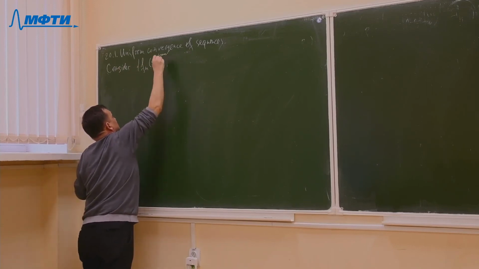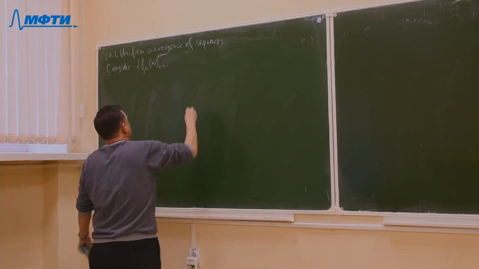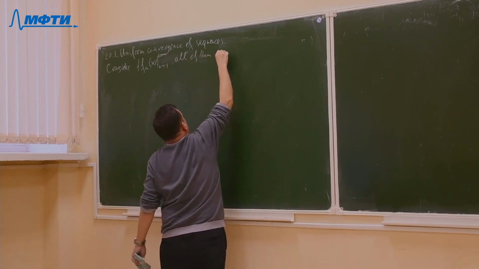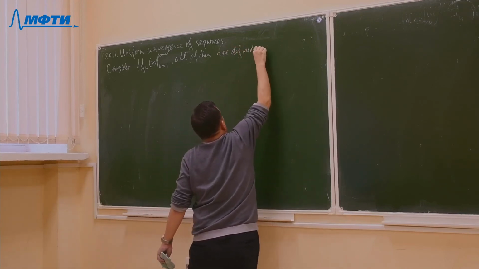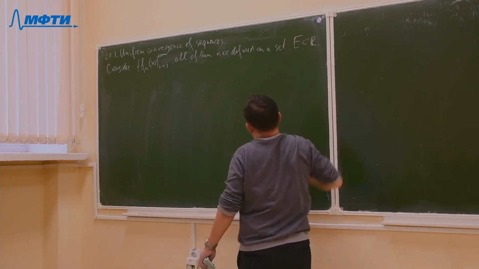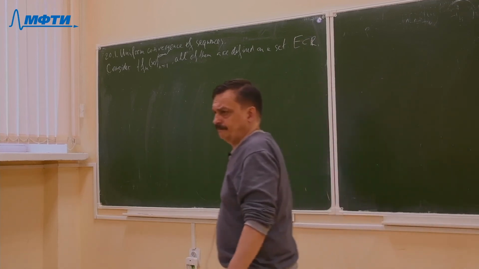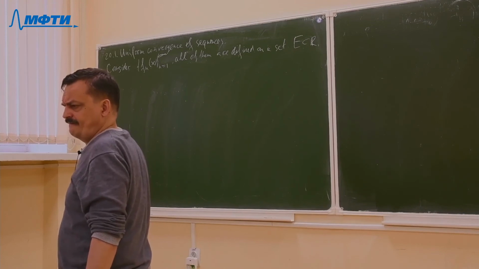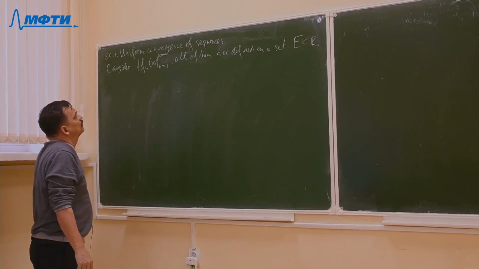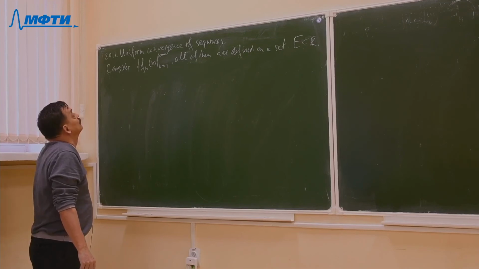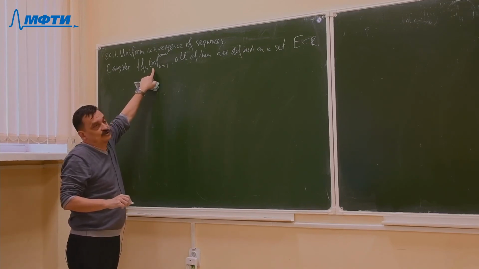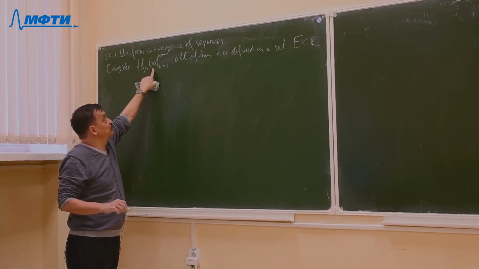So we have a sequence of functions, all of them defined on a set E. Let it be in R. Then if we fix x, then we have a usual sequence of real numbers.